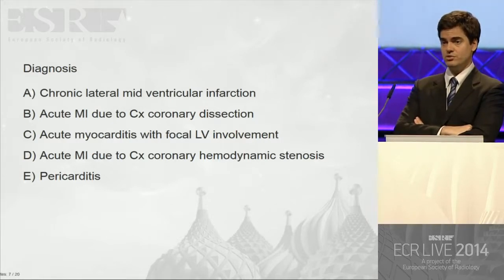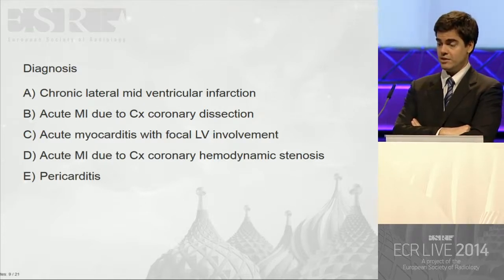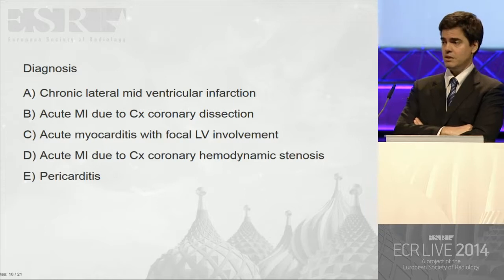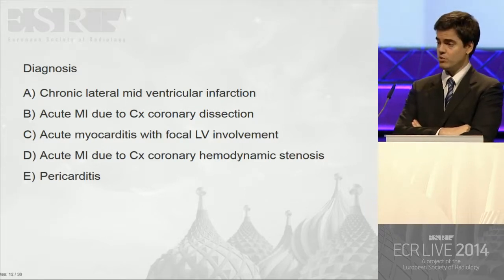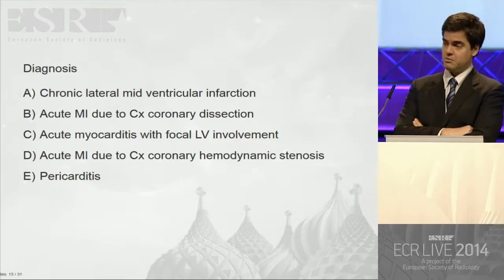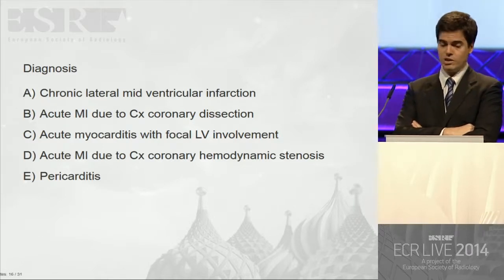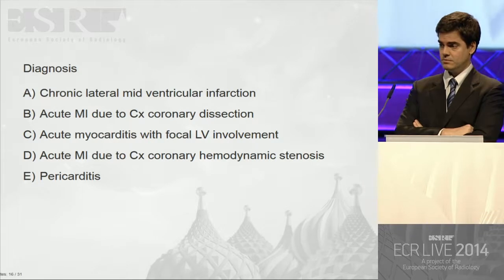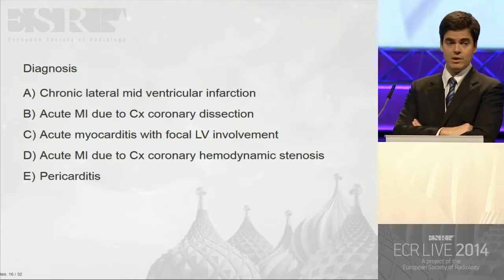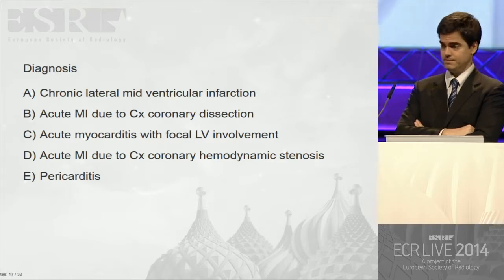I remind you the story of this lady, poor troponin motion at the admission, chest pain, normal LV function, and she came back after 10 days with increased troponins and starting to have impaired left ventricular function. The differential stands in the field of acute coronary syndromes.